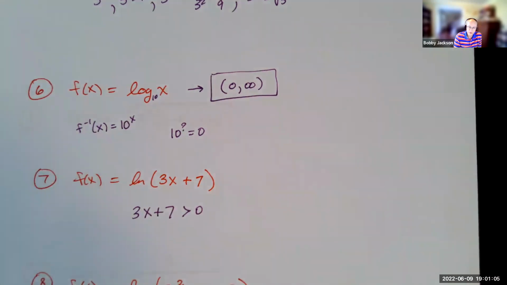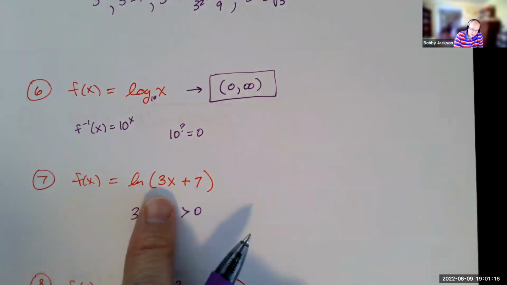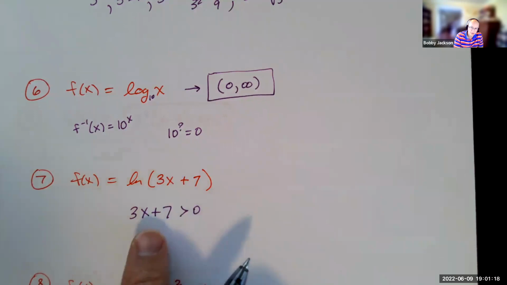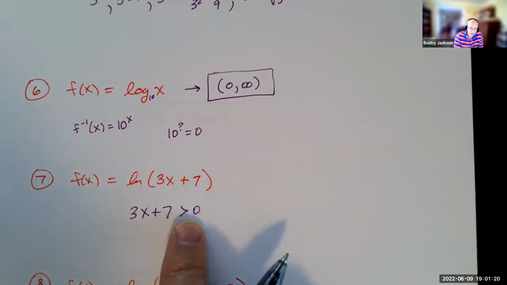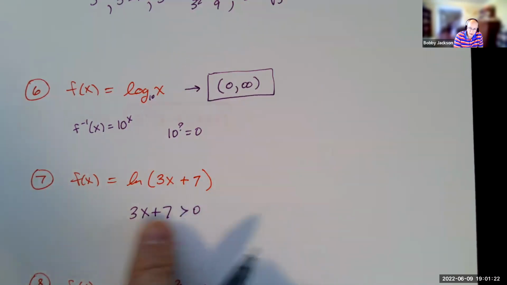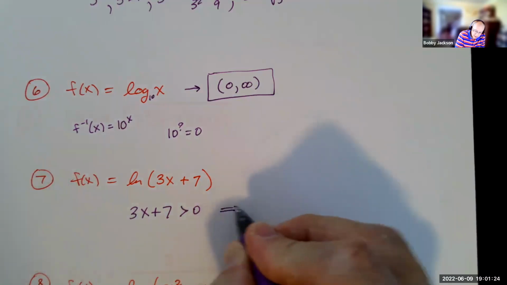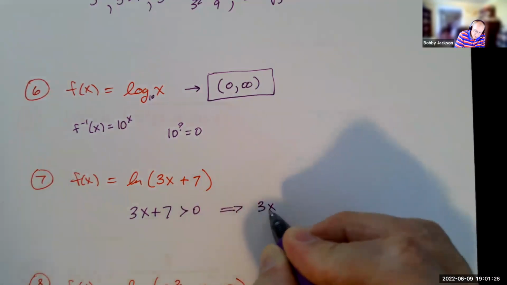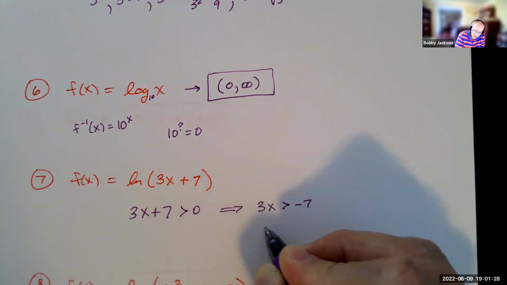Very similar to what we had when we were looking at the square root. We had to have what's under the radical greater than or equal to 0. But for the log functions, the input must be greater than 0, not greater than or equal to. Solve this as a linear inequality. Subtract 7 from both sides, and then divide by 3.